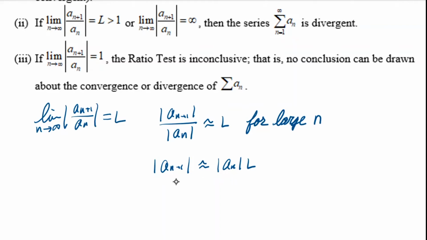Okay, that looks like the recursive formula of a geometric series to you. So after so many thousands and thousands of terms, eventually it's going to mimic this. Let's say a_k, right? And the next term is then a_k times L, you get it?